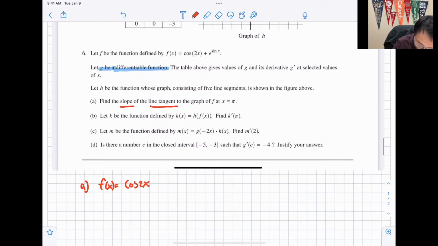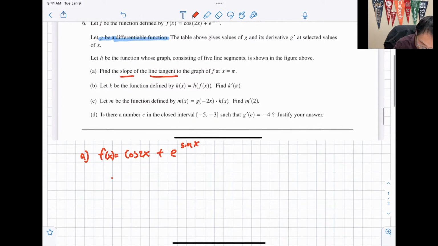Sean, do you know what's the derivative of cosine of 2x? No. There are 2 things that involve the chain rule.